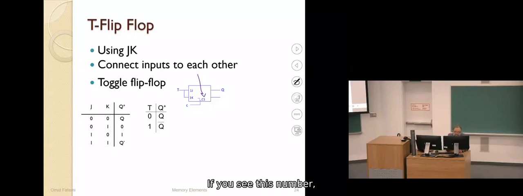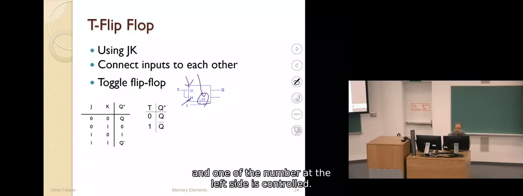If you see this number, you see I've written C1 here, and I've written 1J and 1K here. It means that the one which has the number at the right side is controlling, and the one that has the number at the left side is controlled.